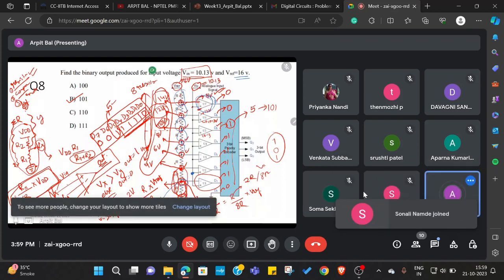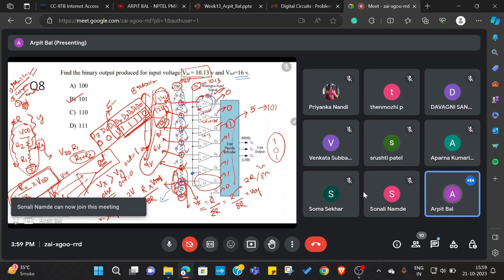Here we are taking the voltage across only one resistor, so it will be R by 8R into Vref, that is 1 by 8 into Vref, which is 16, that equals 2 volt. Similarly here it is across 2 resistors, so it will be 4 volt. 3 resistors 6 volt, so on 8 volt, 10 volt, 12 volt, 14 volt.